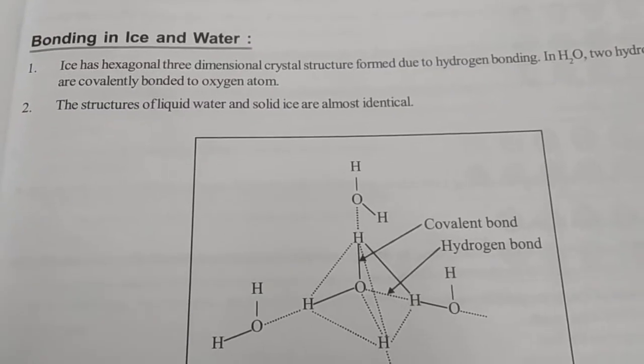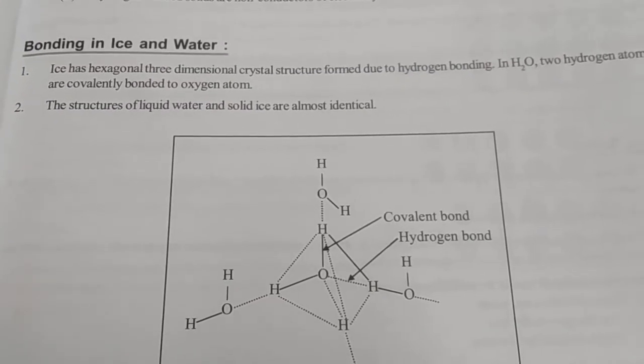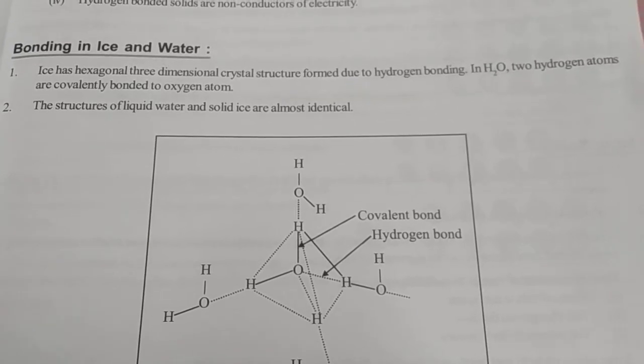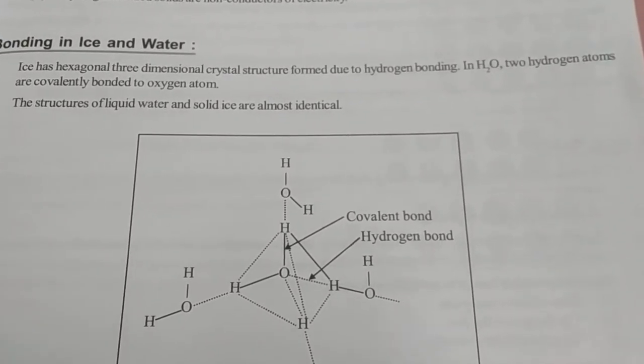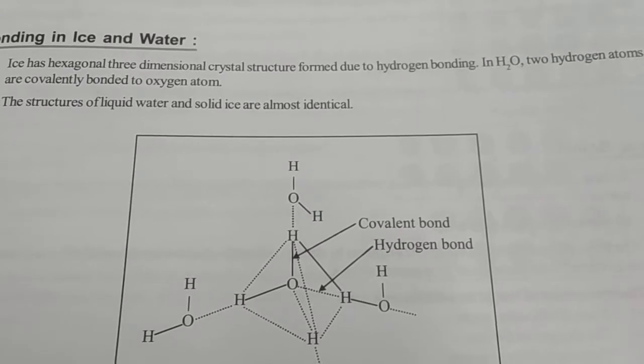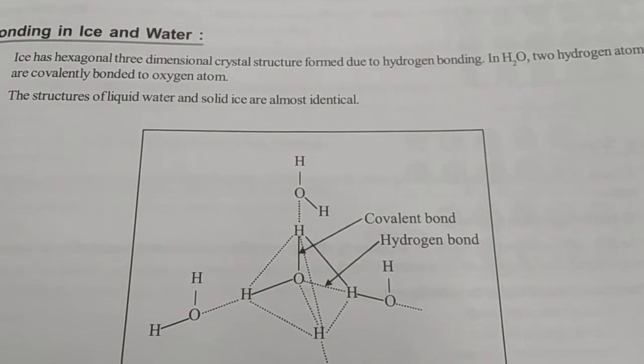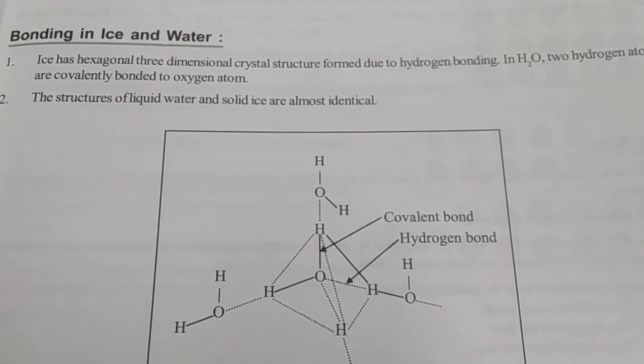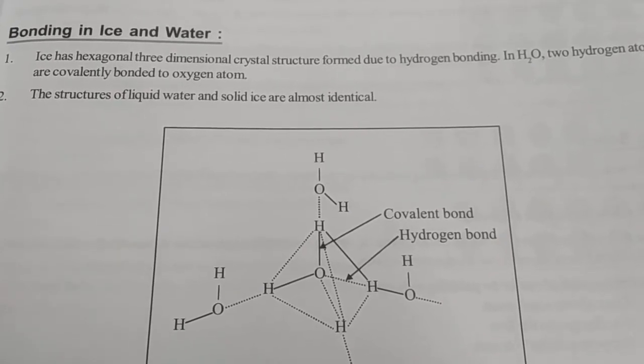Next is bonding in ice and water. Ice has a hexagonal three-dimensional crystal structure formed due to hydrogen bonding. In water, two hydrogen atoms are covalently bonded to the oxygen atom. The structures of liquid water and solid ice are almost identical.